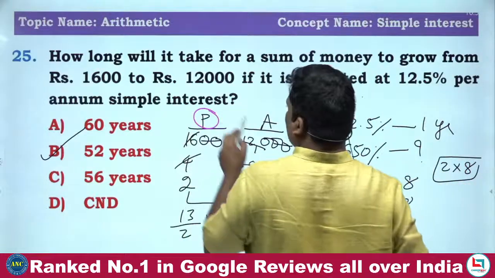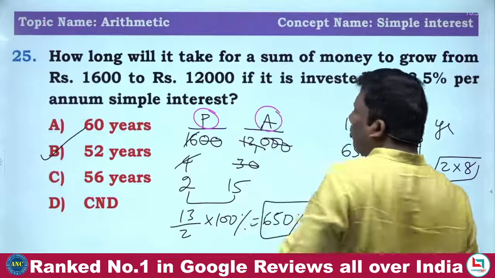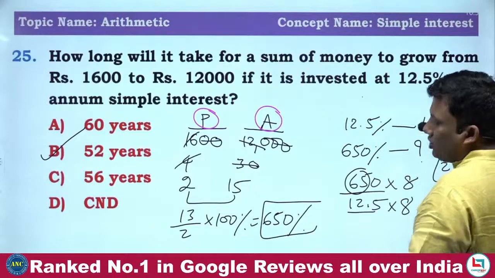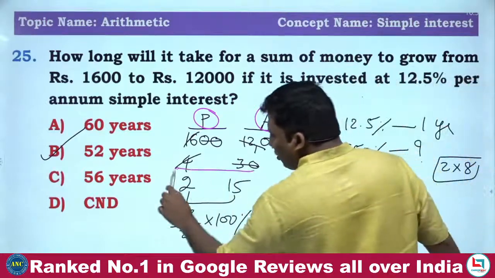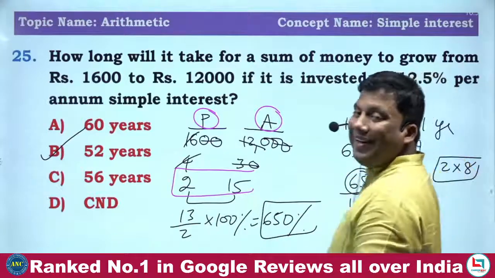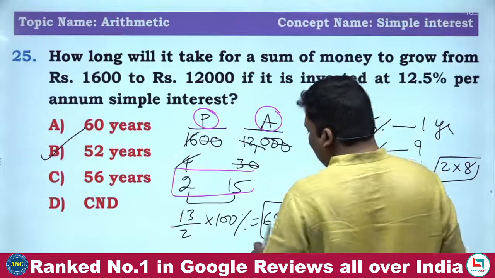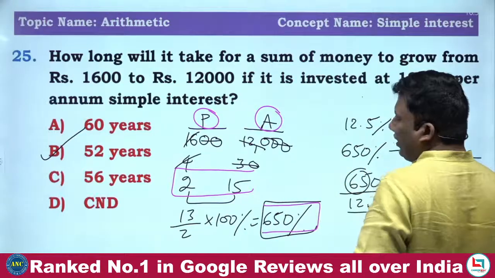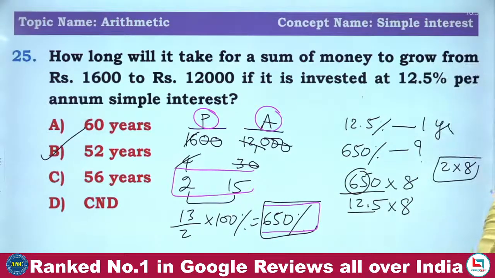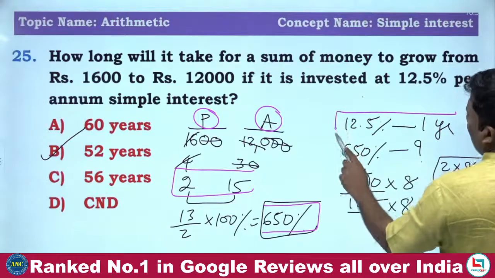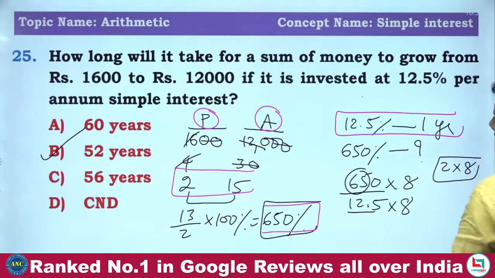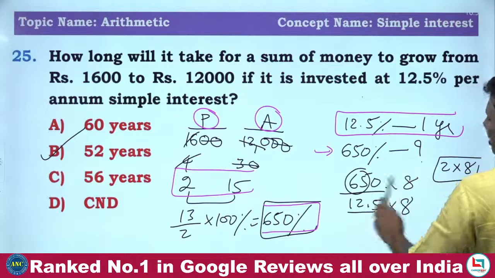The initial value is 1600. It has to grow to 12,000. So principal to amount, the ratio is 2:15. Interest is given by change by initial value. Change by initial value, it is 650%. Rate of interest is 650%. 12.5% is 1 year. 650% is how much?